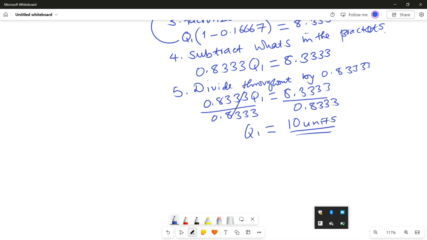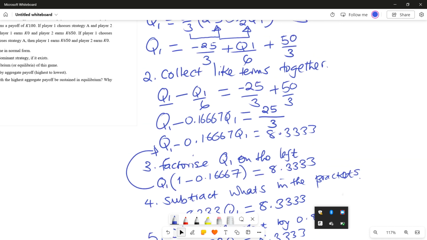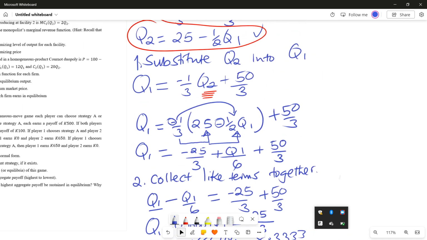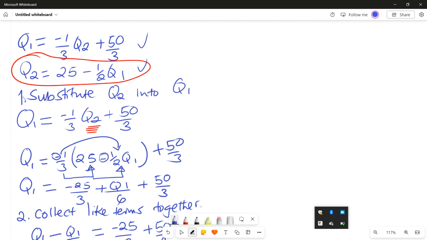Okay, so now we have managed to get Q1. We can then get Q2, but how do we get Q2? Remember that we have a function describing the output that can be produced from the second plant, and we said that Q2 is equal to 25 minus half Q1.